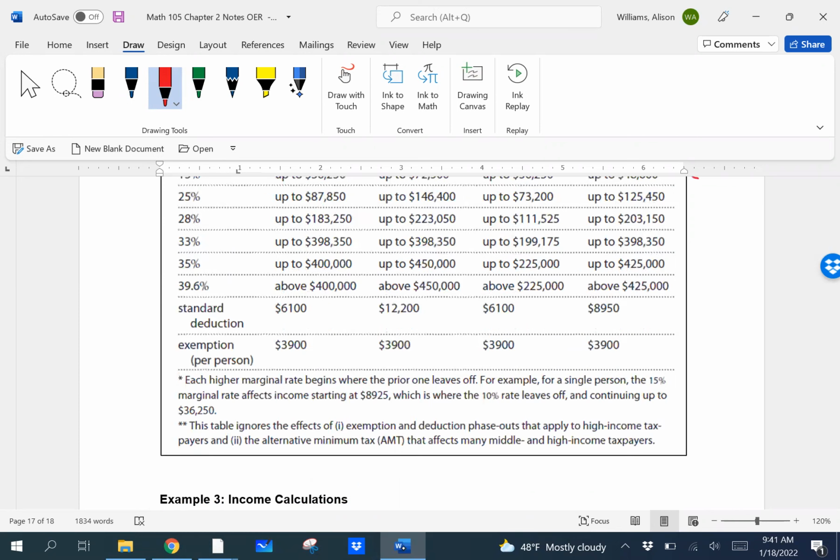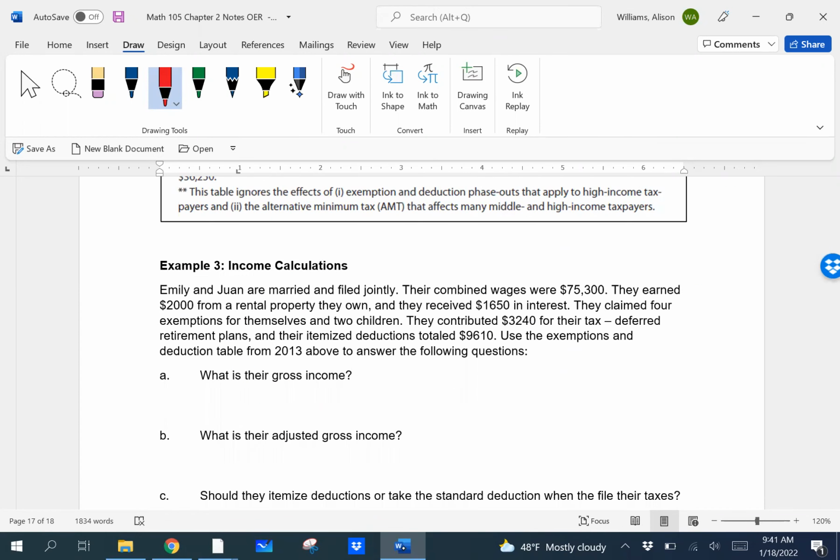That's going to go into their gross income, so I'm going to add those three things together: 75,300 plus 2,000 plus 1,650, for a total of $78,950. That is their gross income, how much they brought in that year.